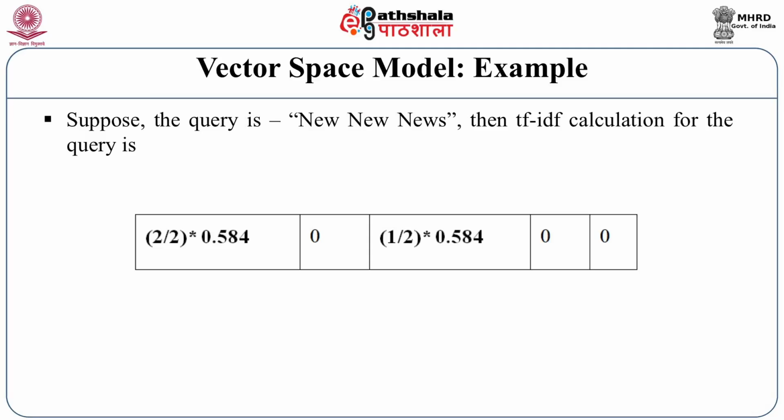But for "news", this term has occurred once in the query, but in the original term-document matrix, "news" has occurred twice. So I am taking half of it. Okay, so the query TF-IDF calculation for the query is like this.